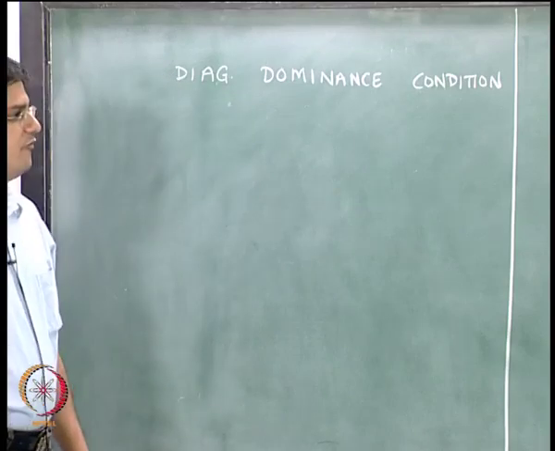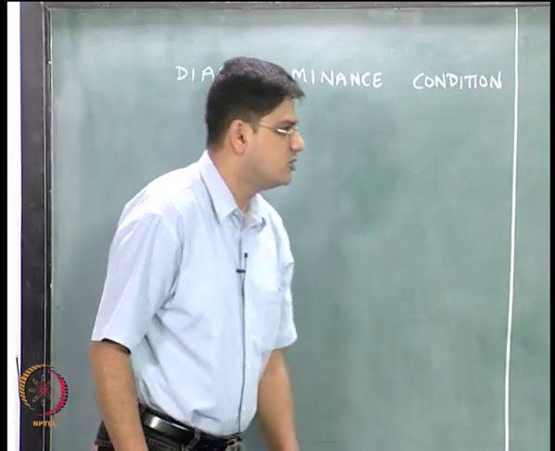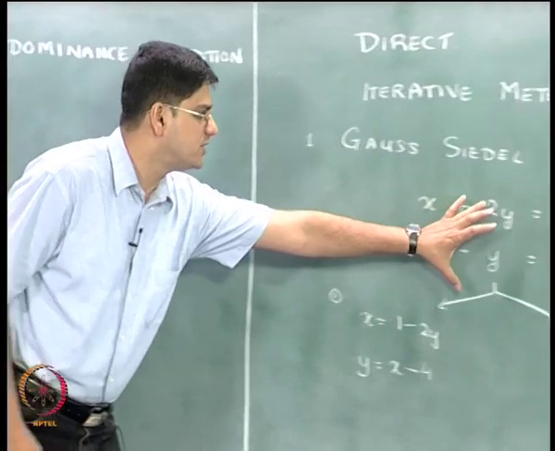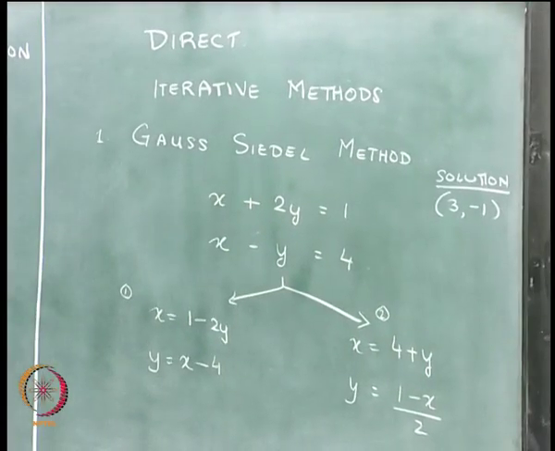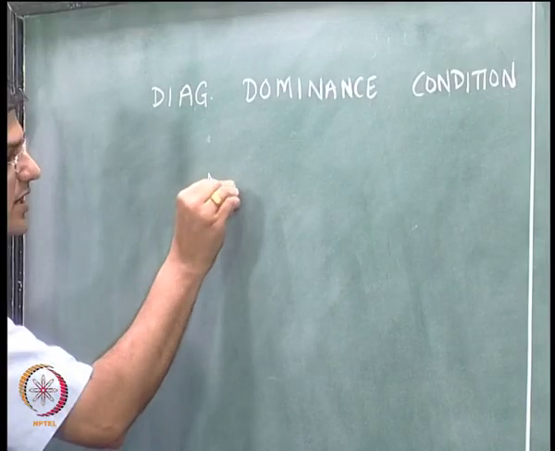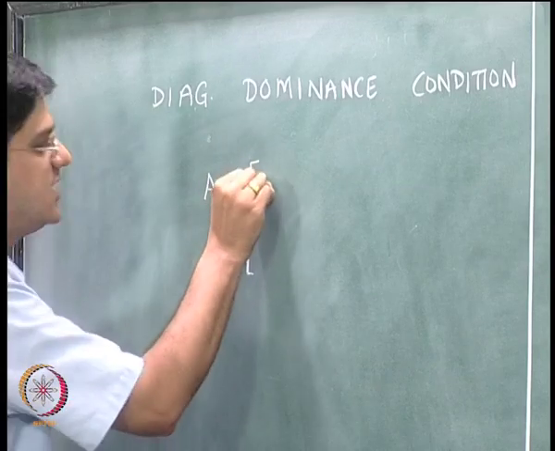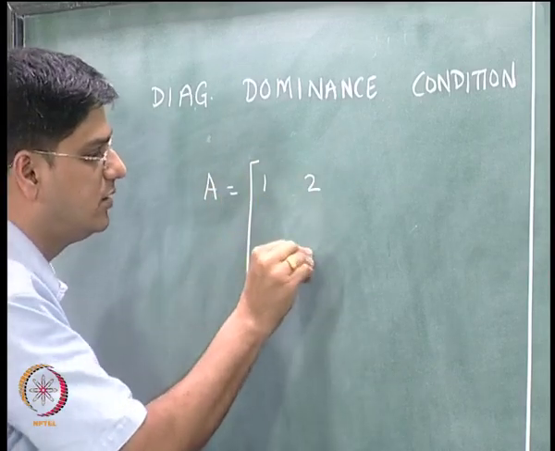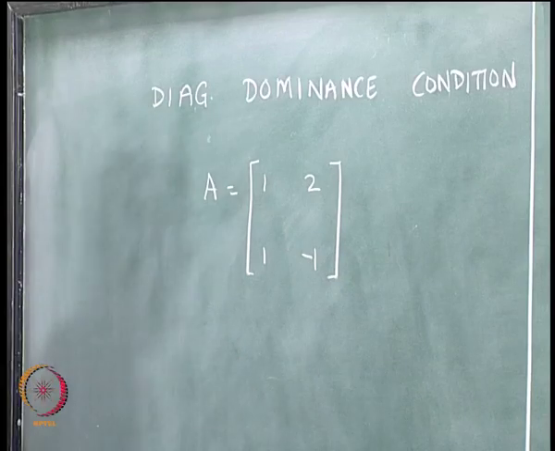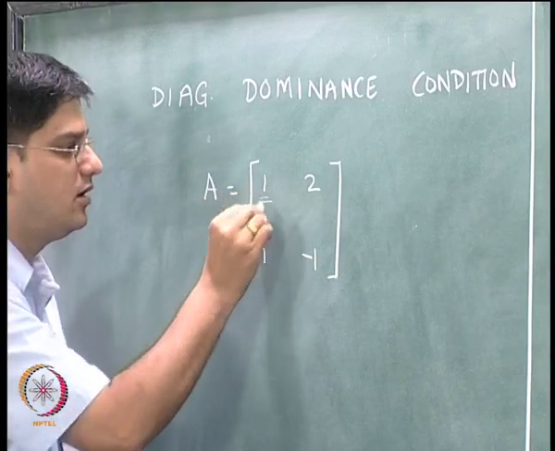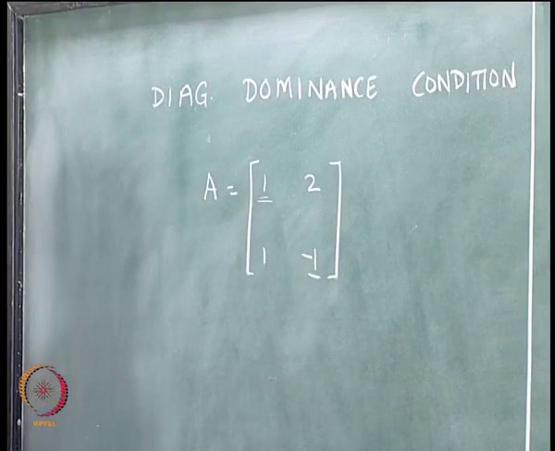Okay. What that means with the diagonal dominance condition: if we look at this particular equation and put it in the form Ax equal to b, our matrix A we can write as 1 2 1 minus 1. Again, these elements are the diagonal elements.